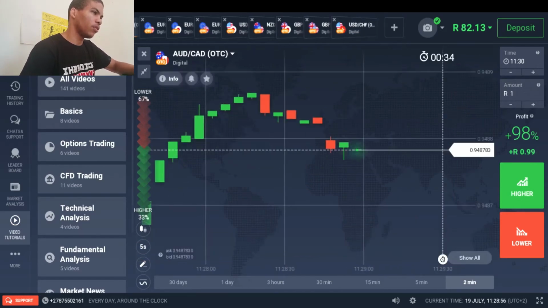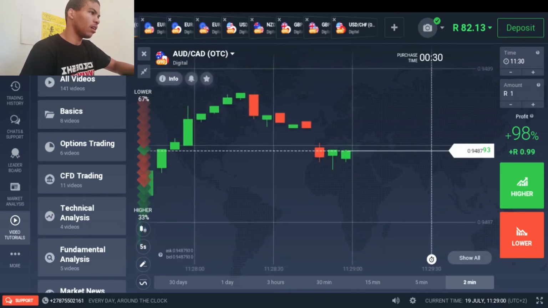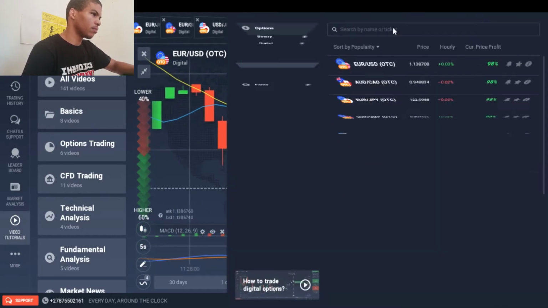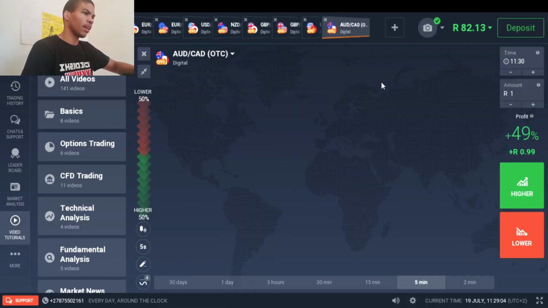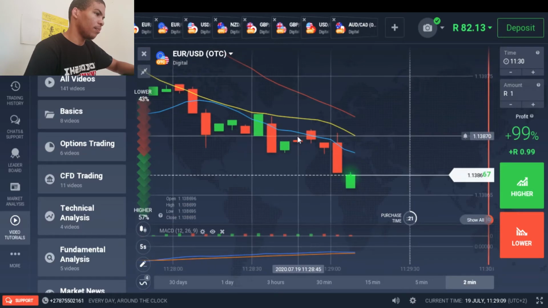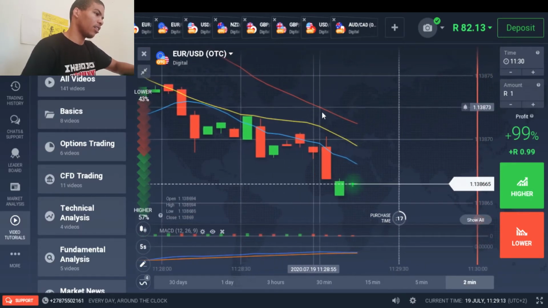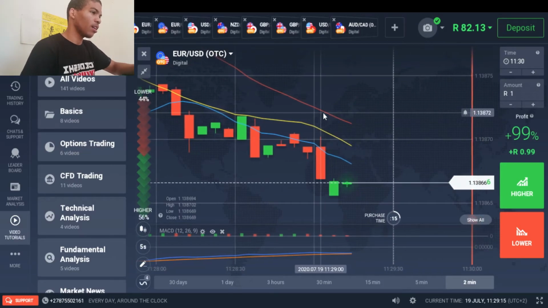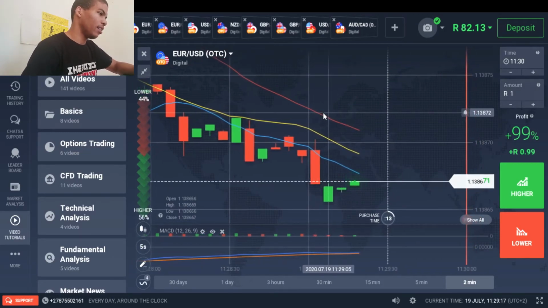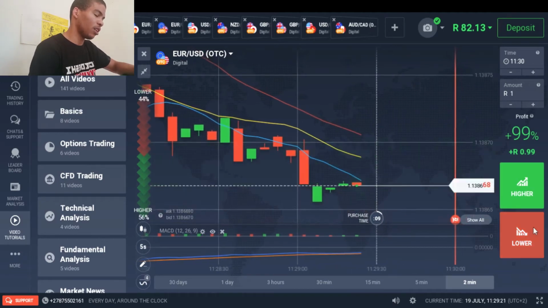So we check our charts. What we're looking for is the blue line and the yellow line plus the red line. They are all key in how we are going to place our bid, either higher or lower.